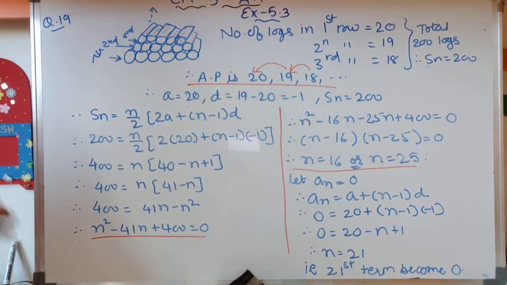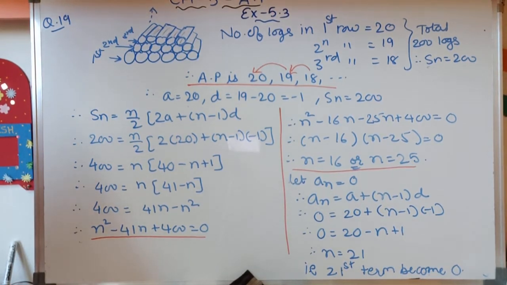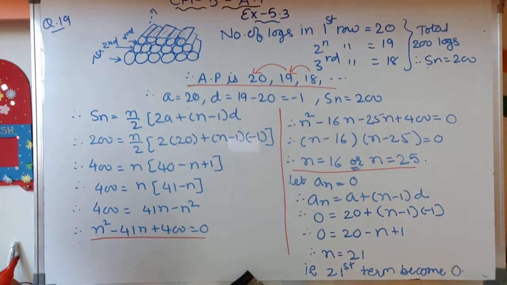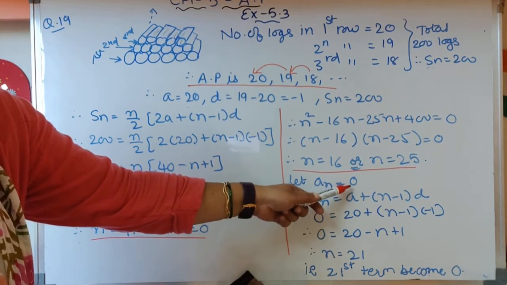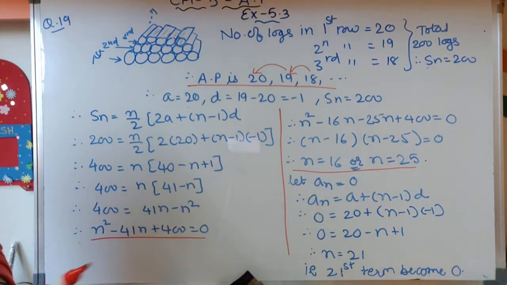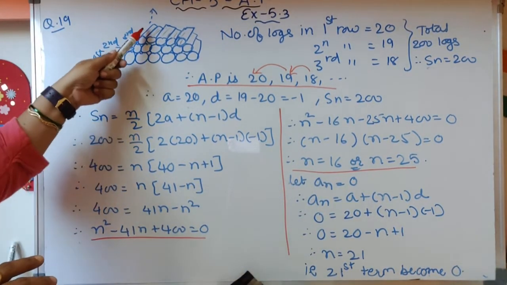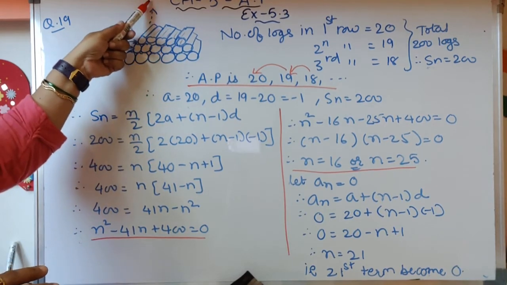Now here we have to find how many logs are in the top row. Let us assume that at the top row it is 0. This is the first, it means when we go upside it is the last one.